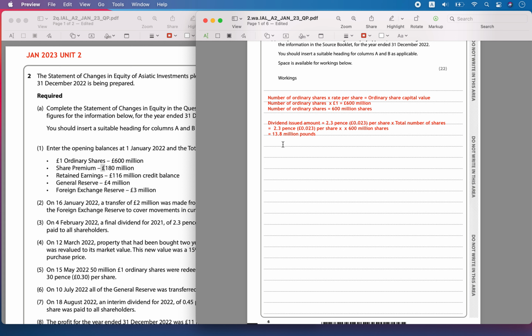The value is going to be in pounds. We can either write the symbol, 13.8 million pounds, or we can write it like this. So this was the dividend amount issued.